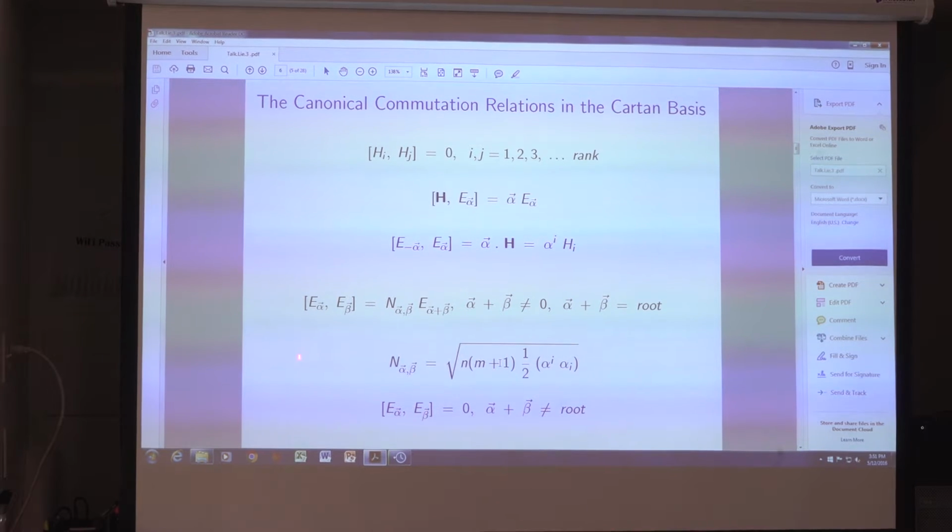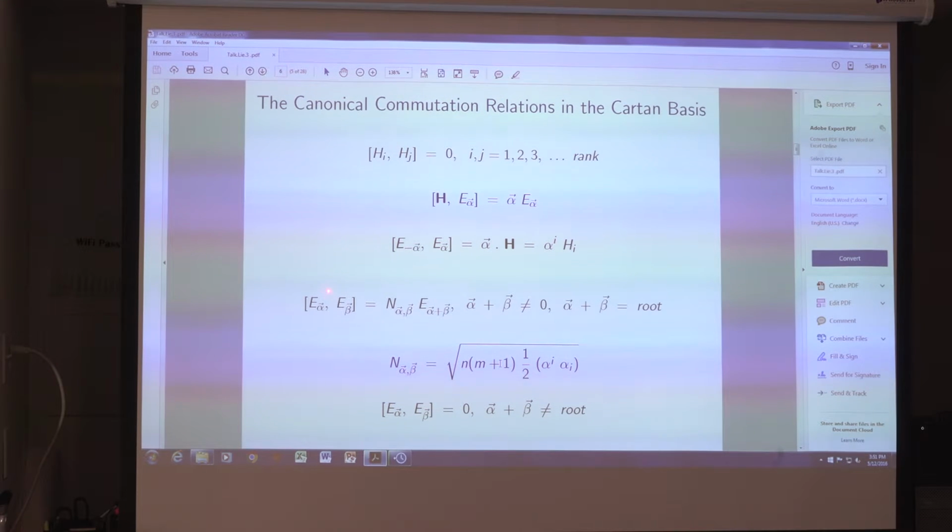Okay, so the commutation relation between a generator of the algebra associated with your root vector alpha and a generator associated with your root vector beta is given by a superposition of generators, where now the subscript... Remember, if you have alpha here and beta here, you have this additive law.